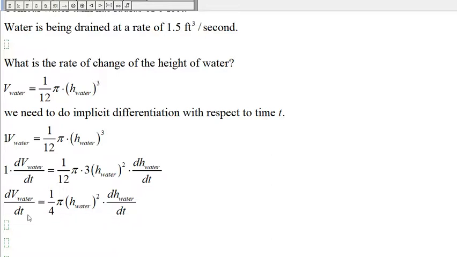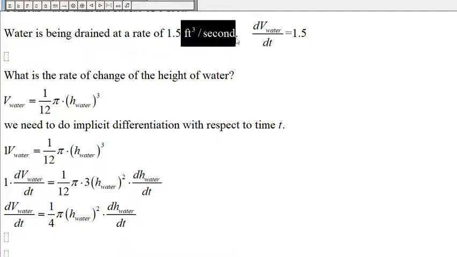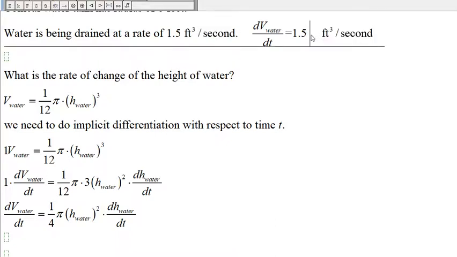This is the rate of change of the volume, and we're given that water is being drained at a rate of 1.5 cubic feet per second. So dV dt is 1.5 cubic feet per second.